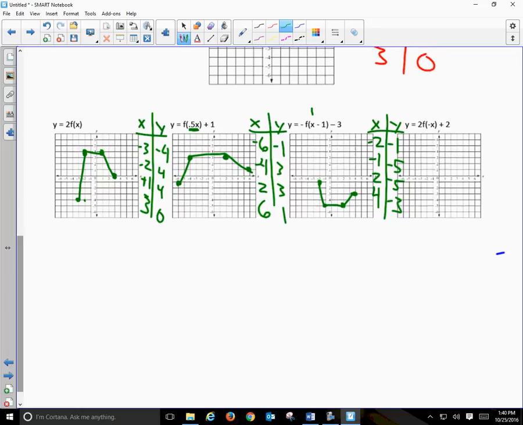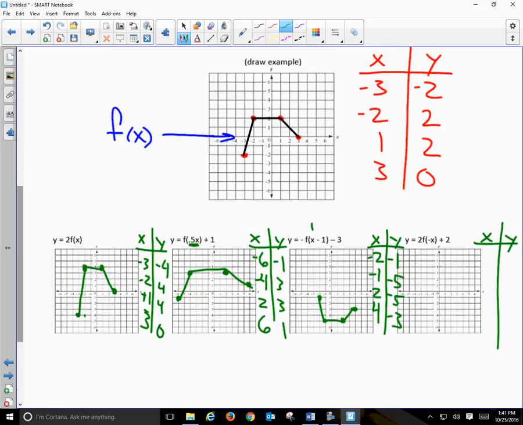What is the first transformation that we should apply? Horizontal reflection. The negative is on the inside. So if an x value was positive 2, it should become negative 2. So I will, in fact, change all of the x values: 3, 2, negative 1, negative 3.